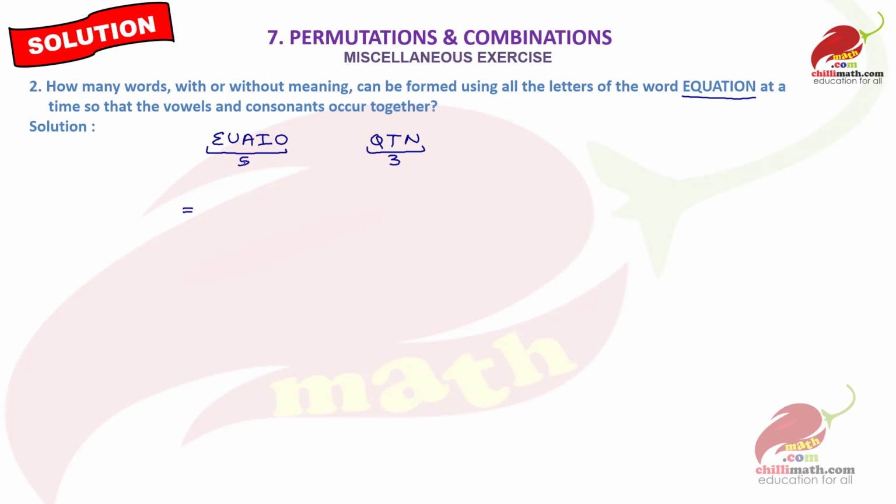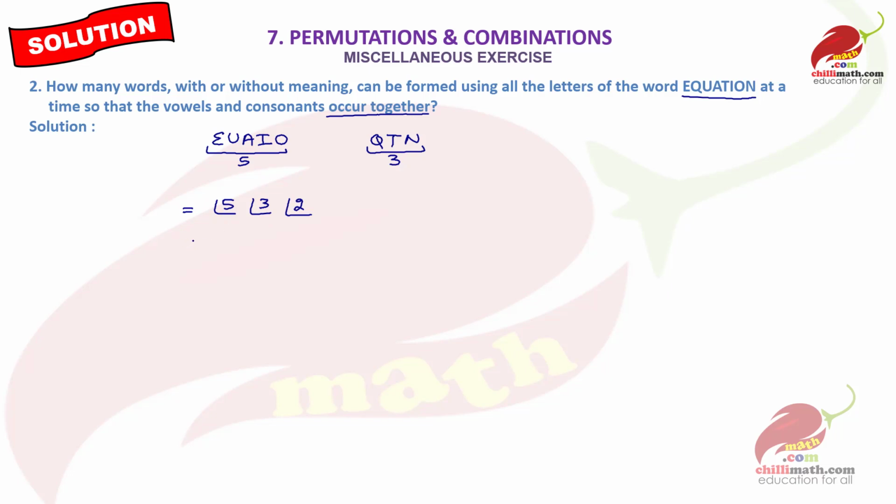The vowels can be written in 5 factorial ways, and these 3 consonants can be written in 3 factorial ways, and they should occur together. So these places can interchange, that is it can be done in 2 factorial ways. So this is the total number of ways.